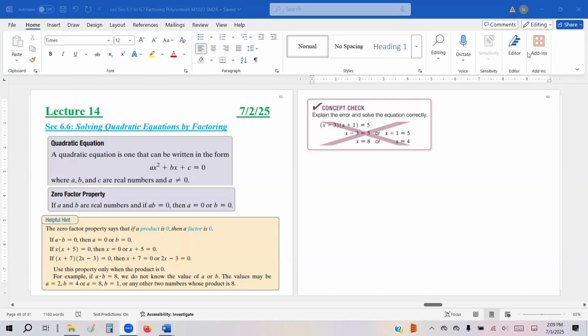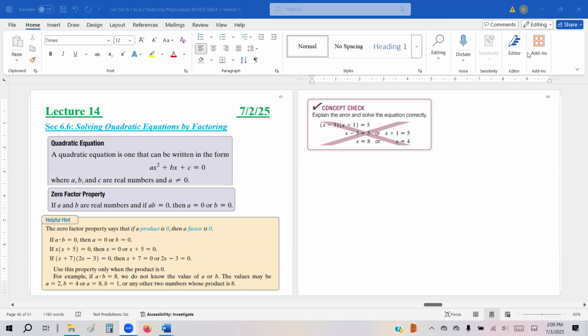In chapter 6, all we did was learn factoring. We factored 2 terms, 3 terms, 4 terms, and if the highest degree was square. Anytime your polynomial has the highest degree square, we call it quadratic. So here we are going to solve quadratic equations.